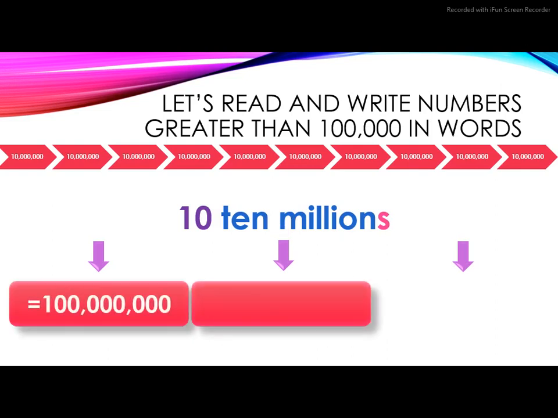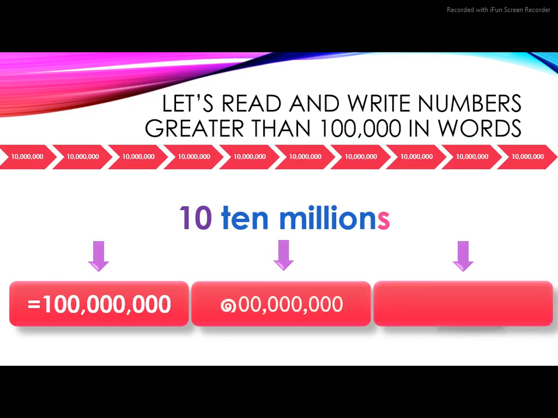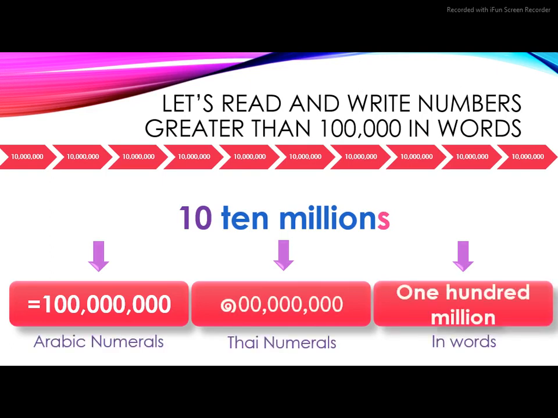Again, we add another zero for 100 million. If 10 million has 7 zeros, 100 million has 8 zeros. And this is how we write 100 million in Arabic numerals, Thai numerals, and in words. Let's note that the larger the number is, the more zeros it has.